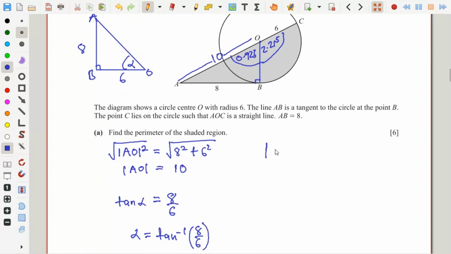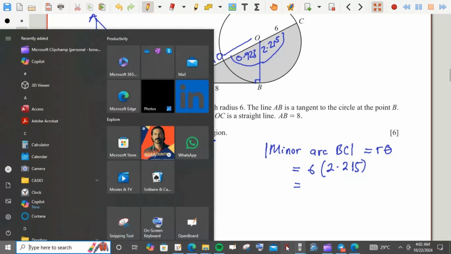Arc. Length of minor arc BC is simply r theta, which is the same as 6 times, what's your angle? 2.215. Let's multiply and see.